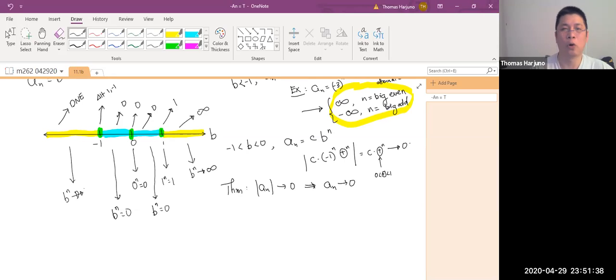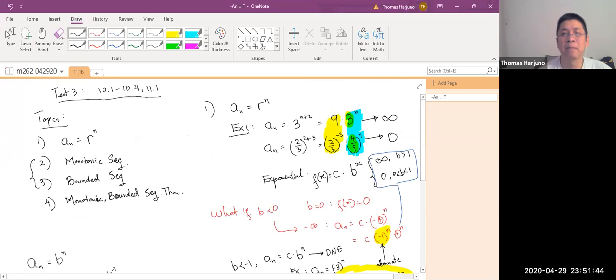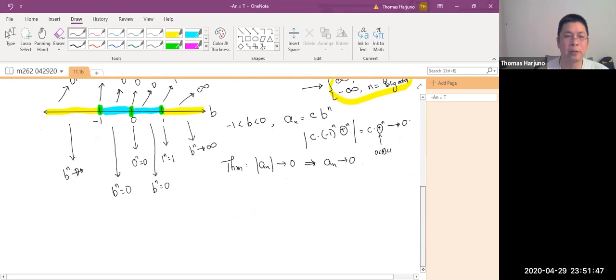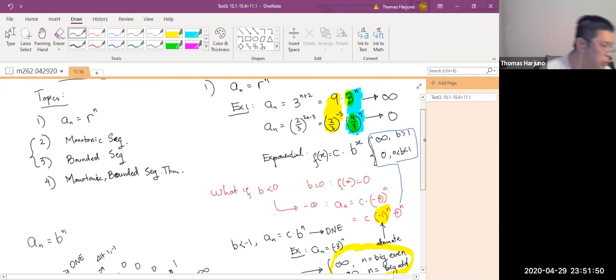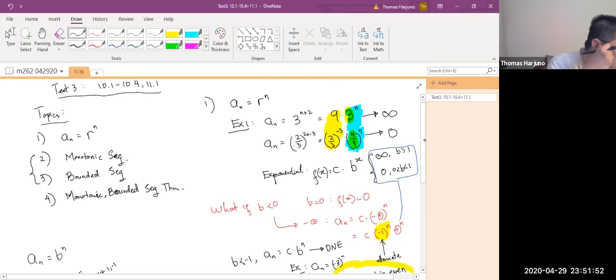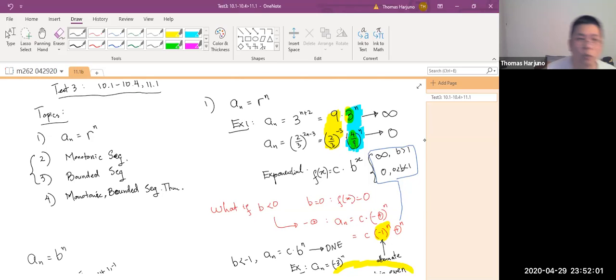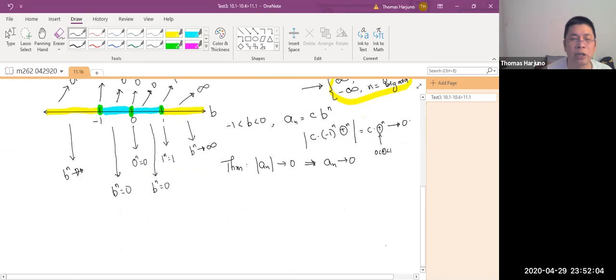Okay, now that's for the case of this exponential-like function. Now let's see the second topic. Why do I mention this? Because once you realize that this thing looks like an exponential, then just take a look at the base right away. I think we did that type of question on number 28. We have the n-th term equal to 3 to the n plus 2 over 5 to the n.